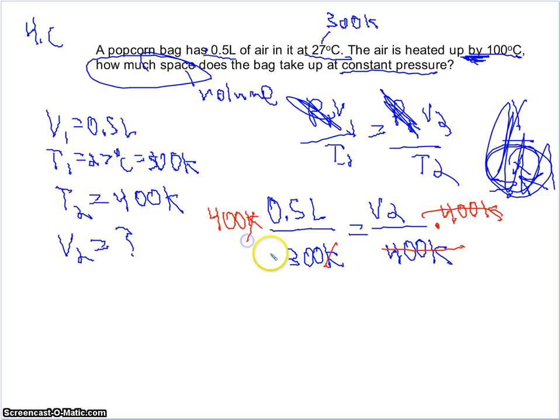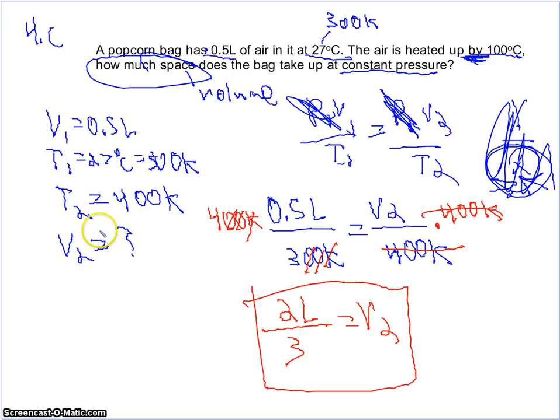Kelvin divides out. I can divide top and bottom by 100. I get 4 times 0.5, which gives me 2 over the 3 still left over, and there's my V2. This should make sense. I'm increasing the temperature, so the volume should be going up, and 2/3 is about 0.6. So yes, the volume went up, so that's good.